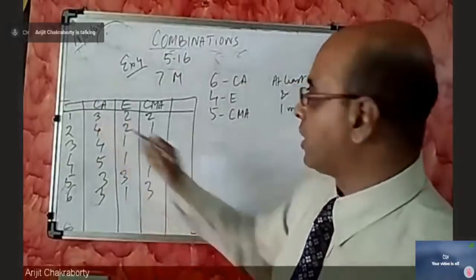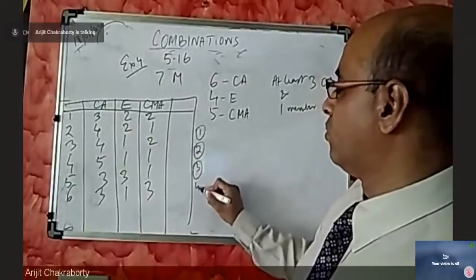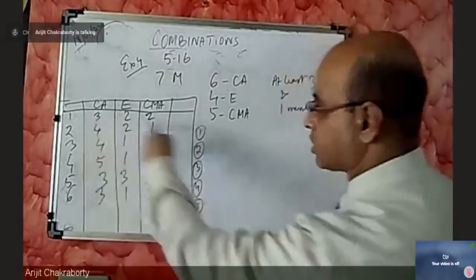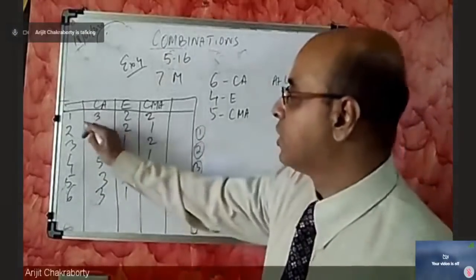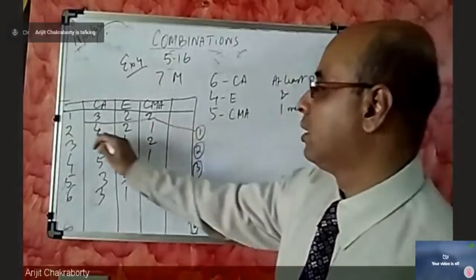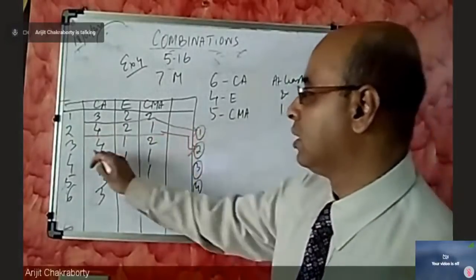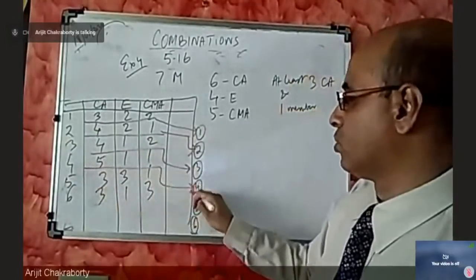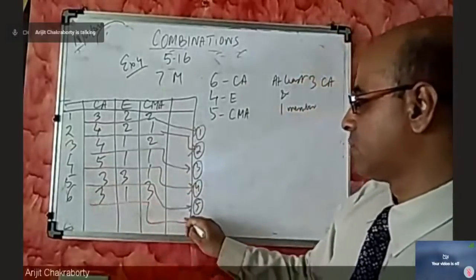So for method 1, I'm writing here 1, 2, 3, 4, 5 and 6. So all this 6 is coming here. So the calculation will be like this. This one we will do here. This one we will do here. The third one we will do here. The fourth one we are going to do here. Fifth one is here and sixth is here.